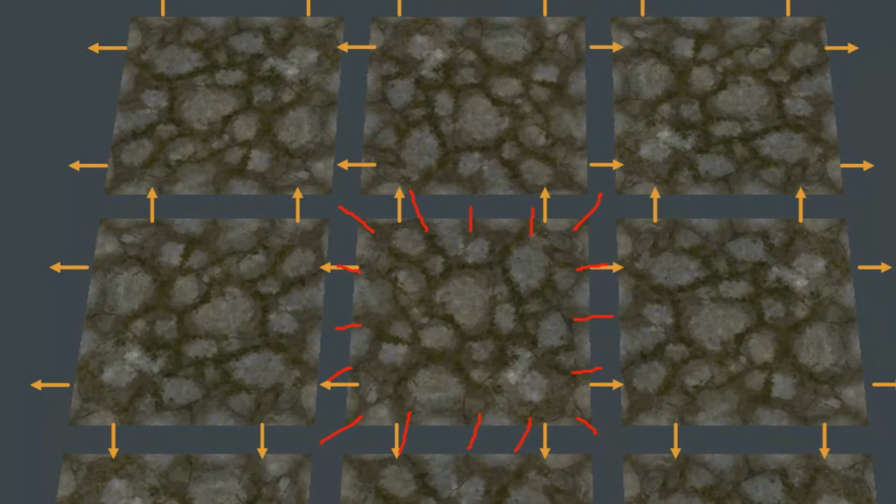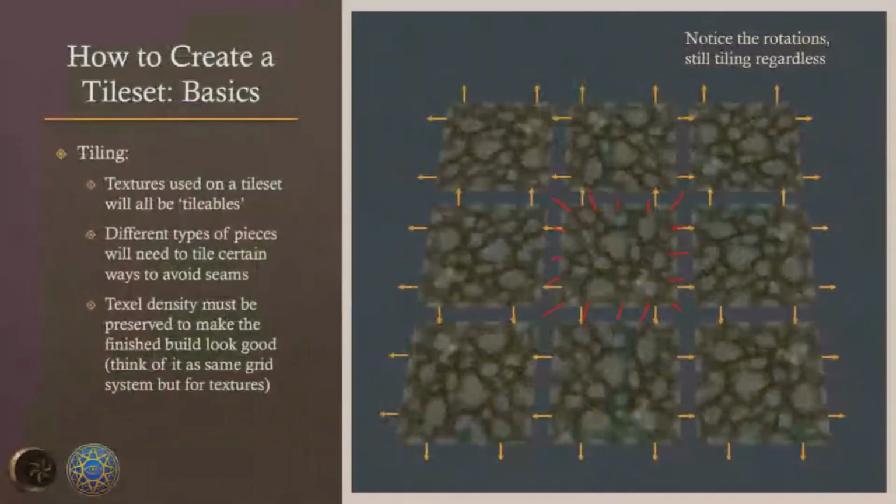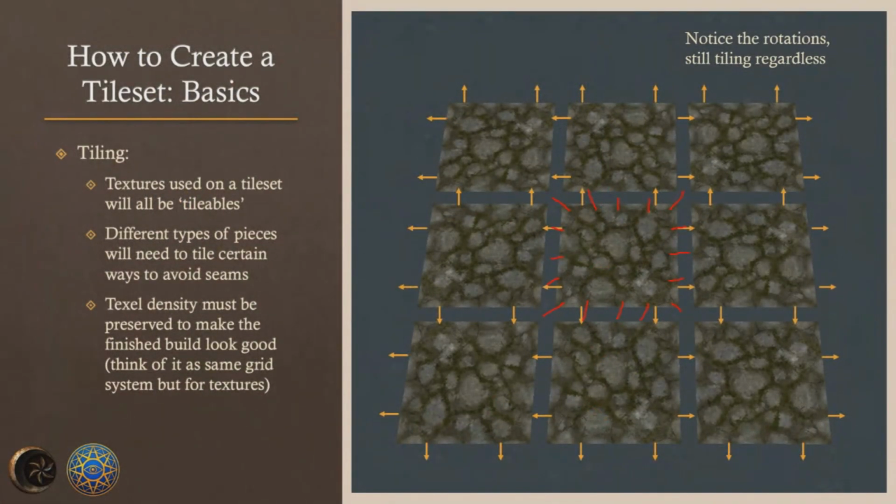If you rotate this piece, it's also going to have the same divots. It might be a little difficult at first, but again, in order for it to tile correctly, it has to do that.